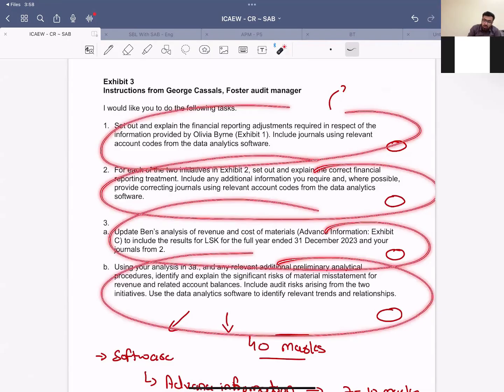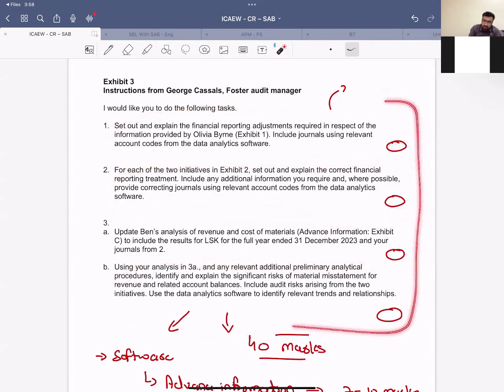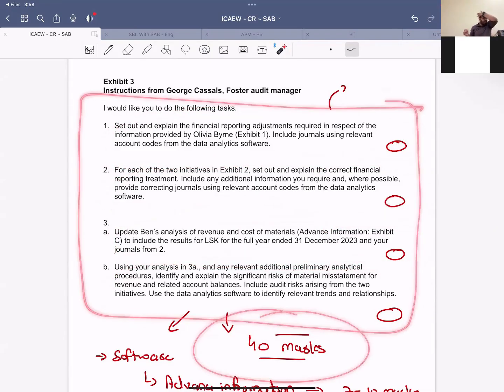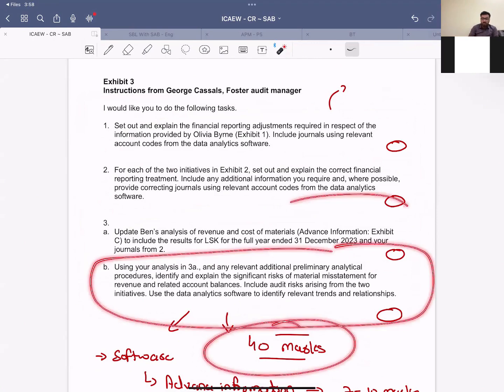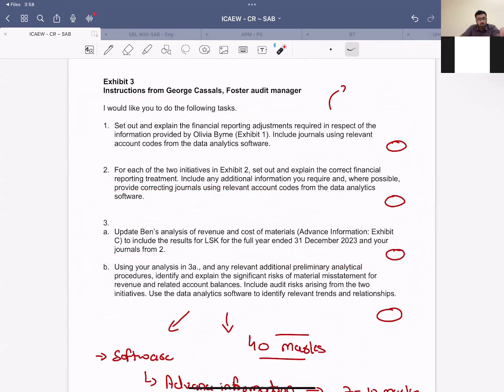No marks here, and all in all, you know that this complete requirement has 40 marks, nothing else. I believe you must know now that this is a technical paper and you have to take care of it.